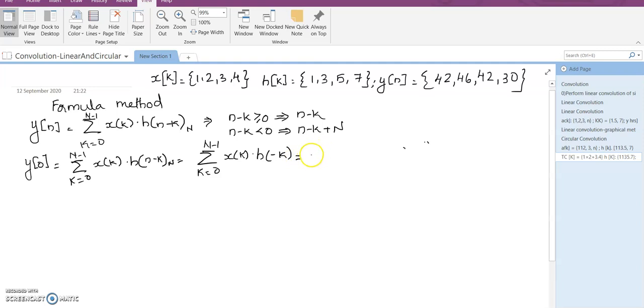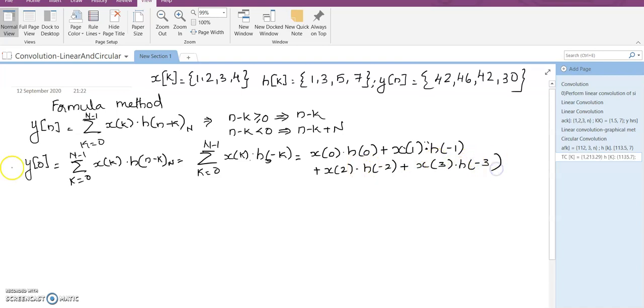So when we go ahead and substitute it, it becomes x of 0 dot h of 0. Fine, not an issue. But when it comes to x of 1, it becomes h of minus 1. Then moving on, it becomes x of 2 into h of minus 2, and x of 3 into h of minus 3.